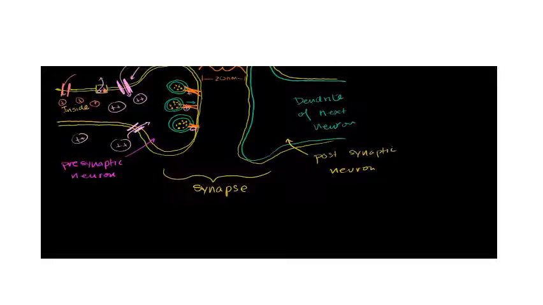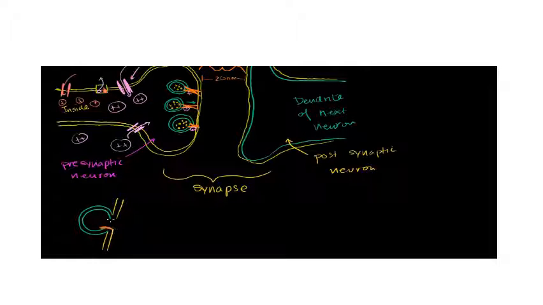So after they've bonded, this is kind of before the calcium comes in, bonds to those snare proteins, then the snare protein will bring the vesicle ultra close to the presynaptic membrane. So that's the vesicle, and then the presynaptic membrane will look like this. And then you have your snare proteins, and I'm not obviously drawing it exactly how it looks in the cell, but it'll give you the idea of what's going on.